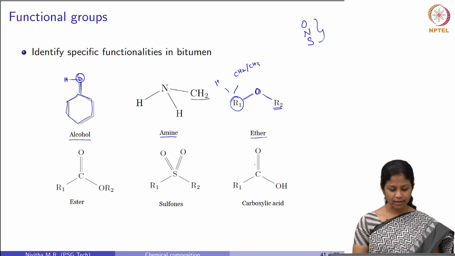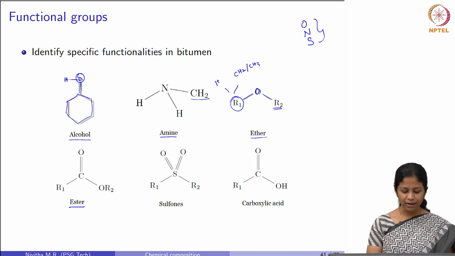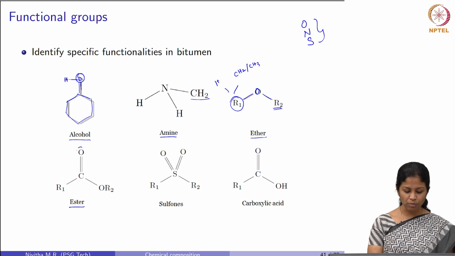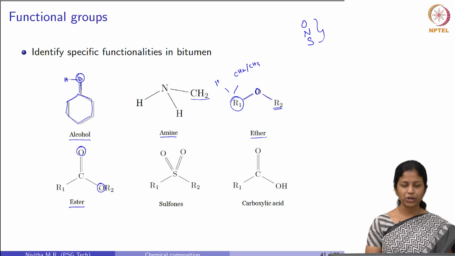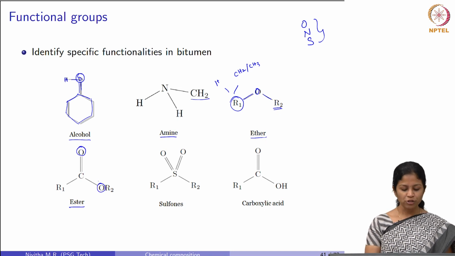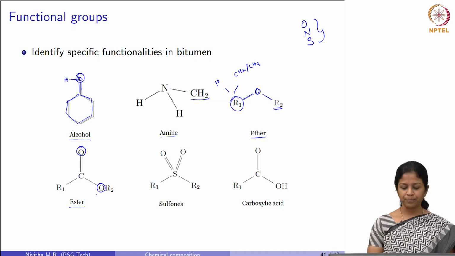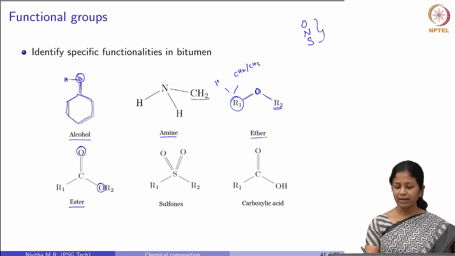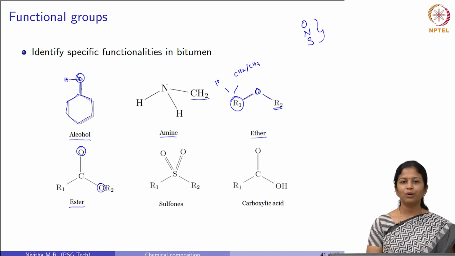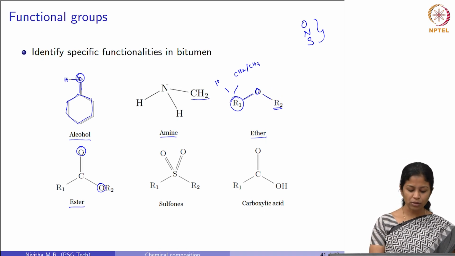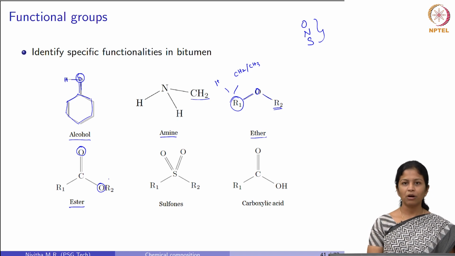So, this is ether. Similarly, we have ester, where a carbon is double bonded to an oxygen atom and single bonded to another oxygen atom. So, we have ether where oxygen is bonded to 2 functionalities, and ester where carbon forms a double bond to oxygen and a single bond to oxygen.